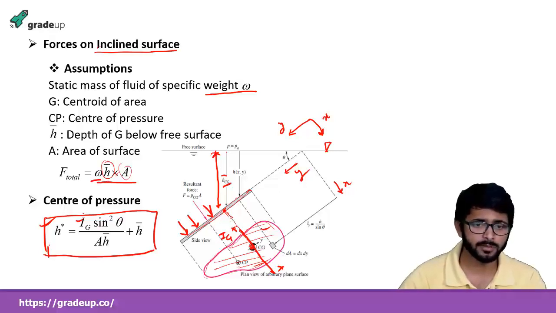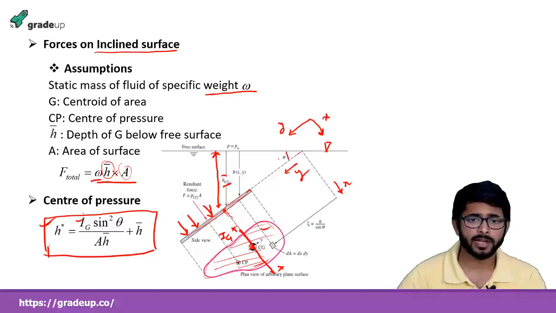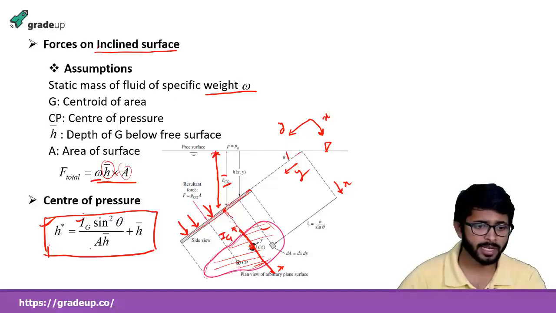Theta is the angle of the surface, which is lying at an angle theta from the free surface, divided by A, the area of this plate, and h bar, the height of the center of gravity from the free surface, plus again h bar.